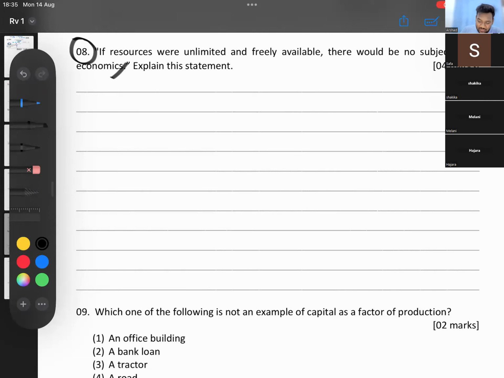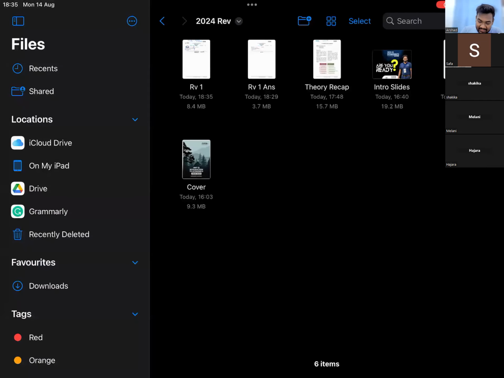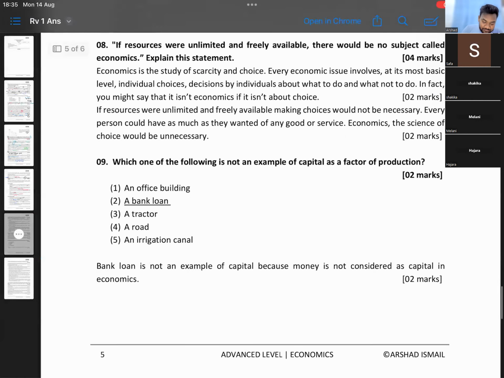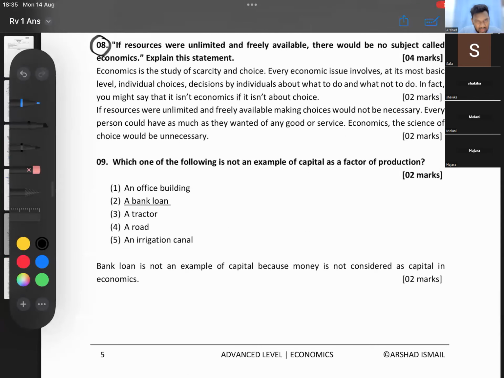So you can explain that story. I'll show you the answer, guys. Okay, so you can read. Since we are running out of time, I'm not going into a lot of things.